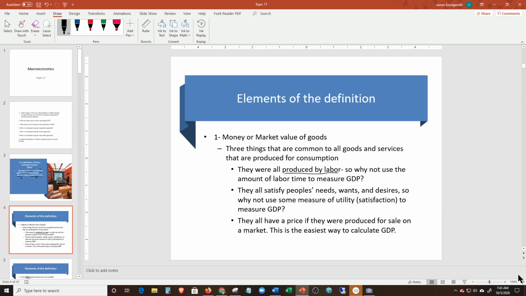So why not use the amount of labor time to measure GDP? So all goods and services produced for sale or produced to meet our needs have had labor used to produce them. So we could measure it by labor time. And this is the so-called labor theory of value.